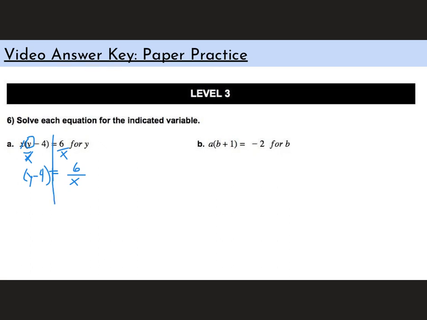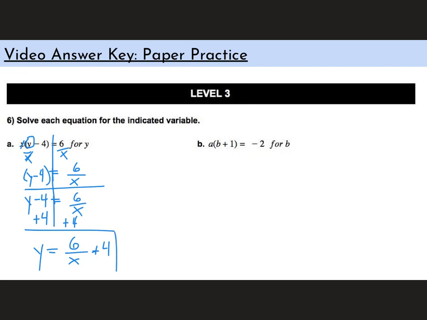Now since these parentheses are no longer doing anything for our problem, we can go ahead and get rid of them. So now our last step here to get y by itself is to get rid of the minus 4 by adding 4. So we'll have y equals 6 divided by x plus 4.